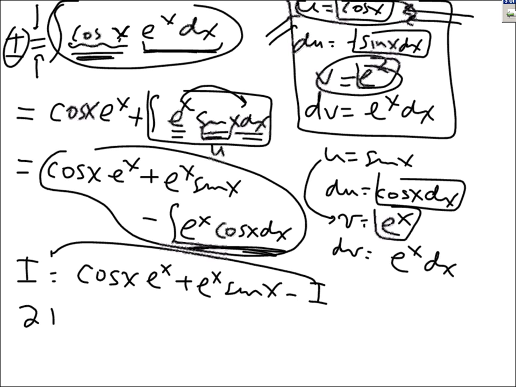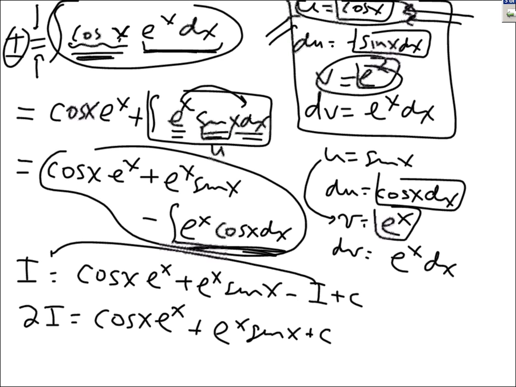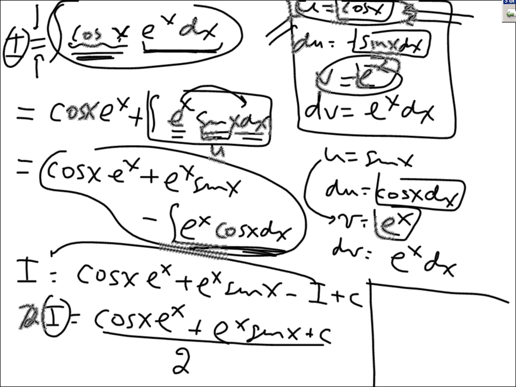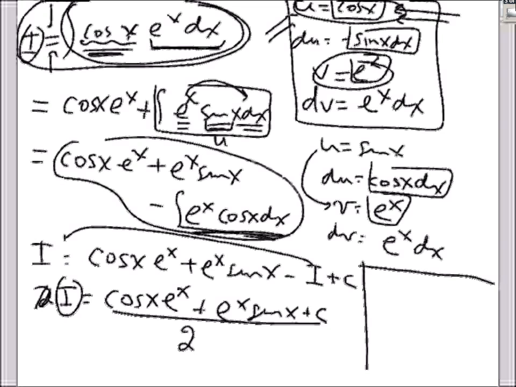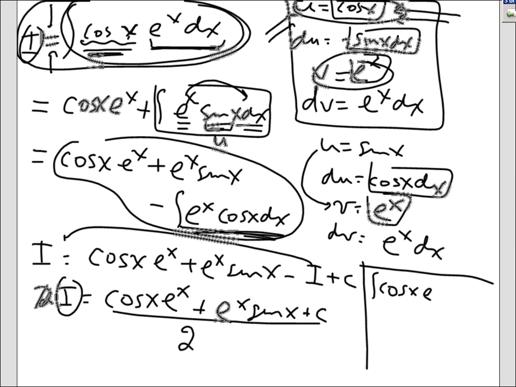So now I have 2I is cosine x times e to the x plus e to the x sine x. And now I divide by 2. There's your answer. Another way of writing I, just look at the definition. Another way of writing I is the integral of cosine times e to the x, and now I know what it equals.